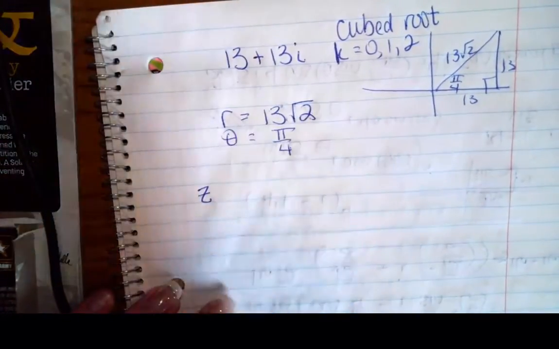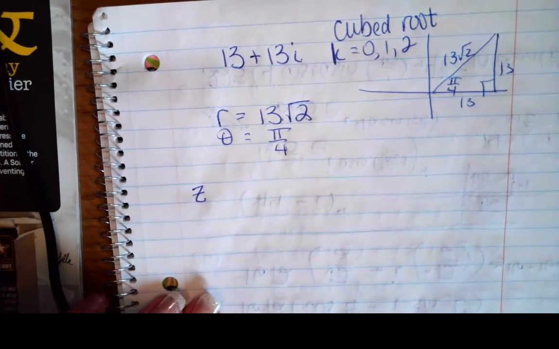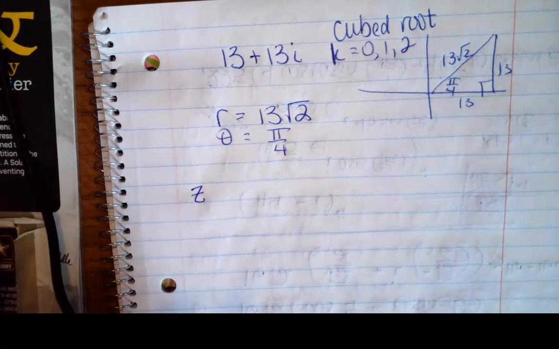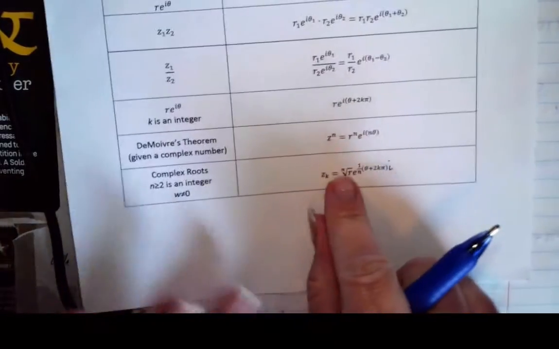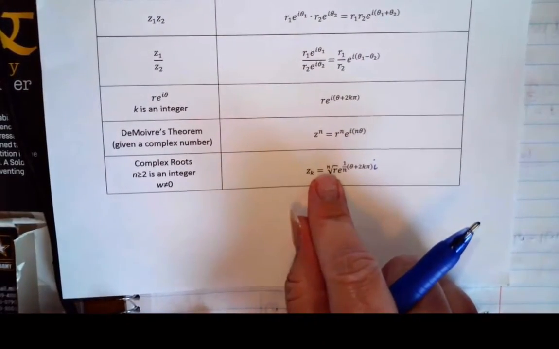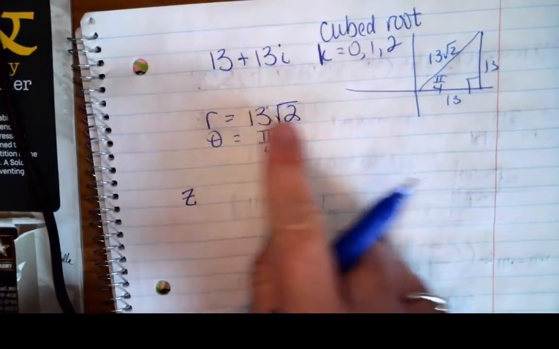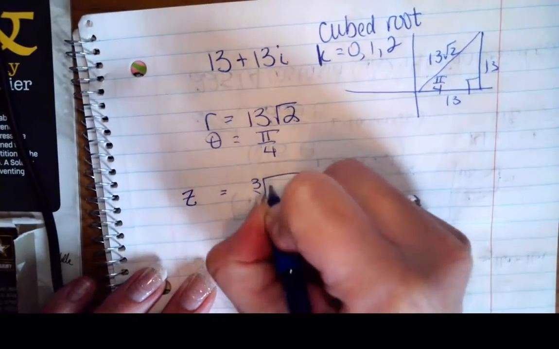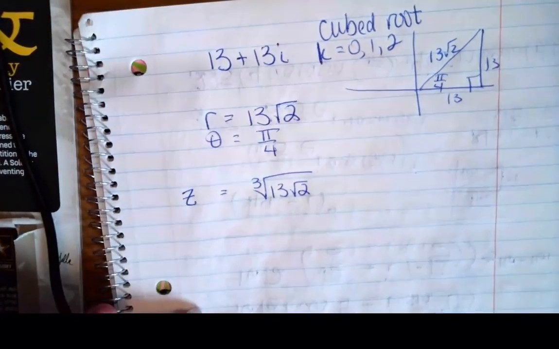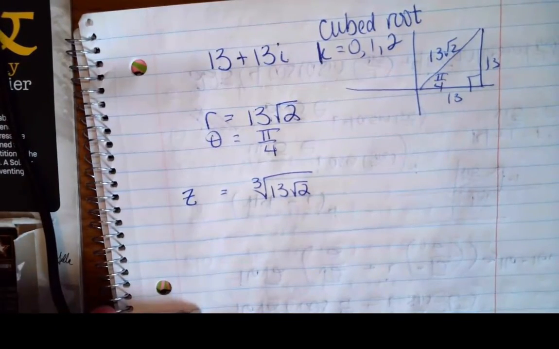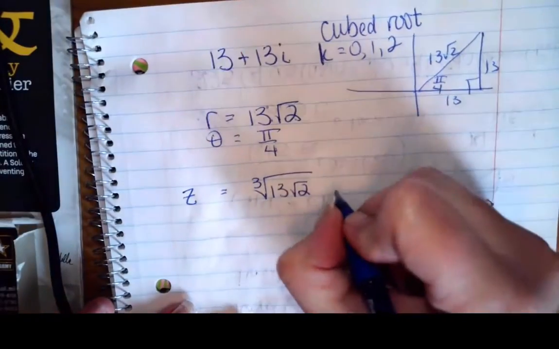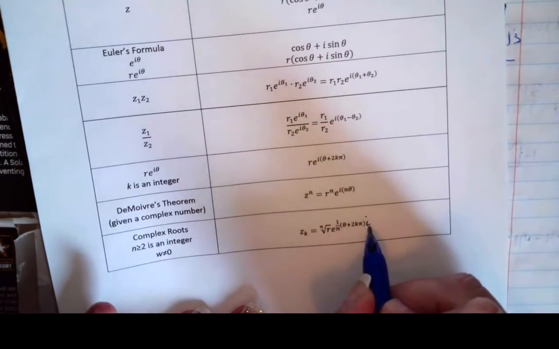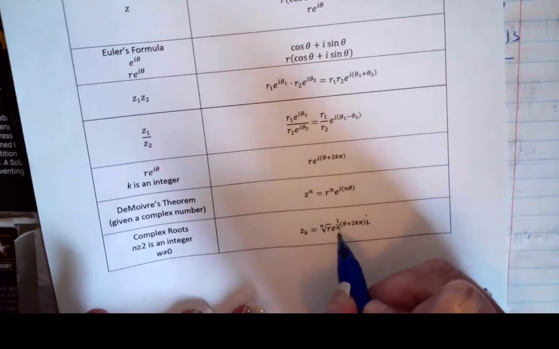Okay, so again, what is she saying? I want the complex cubed roots of z. Okay, so if I have this, that means I'm going to take the nth root of my radius. So I have the nth root of my radius. So what root am I taking? I'm taking a 3rd root of my radius. Okay. And then I've got e to the, and then you'll notice that I forgot my I, but you've got a 1 over, what root are we taking?